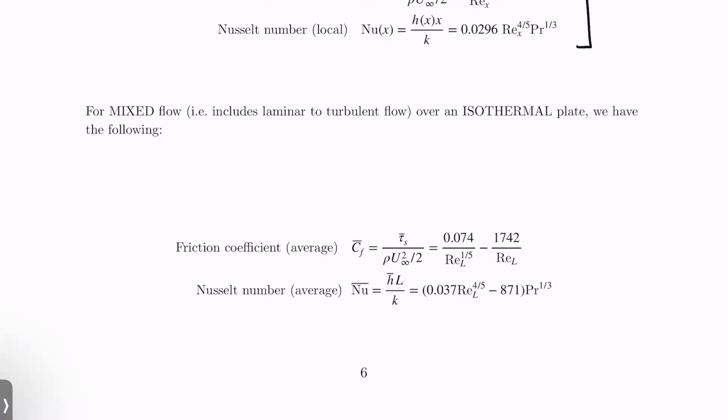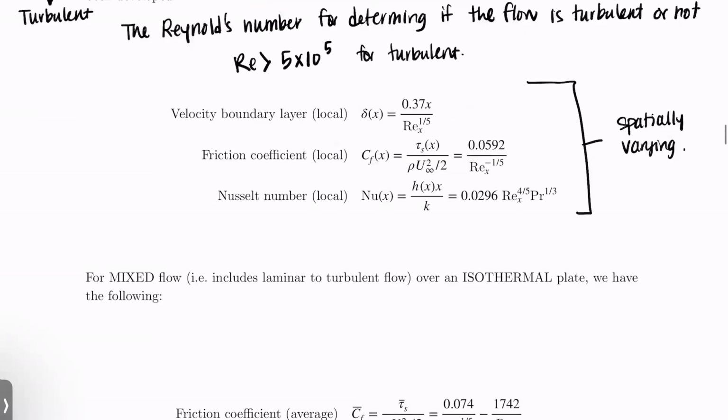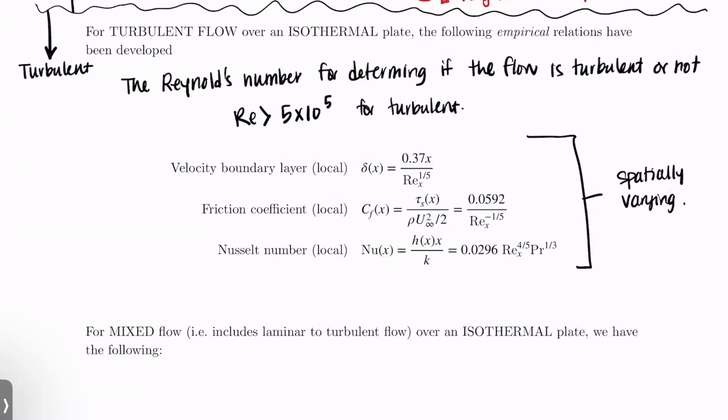Does that make sense? So if the problem asks for something in the transitional phase, we would use the turbulent equation? Anytime the Reynolds number is greater than 5 times 10 to the 5th, use these. If it's not, then use the laminar ones. So it doesn't matter if it's actually laminar, turbulent, or transitional?